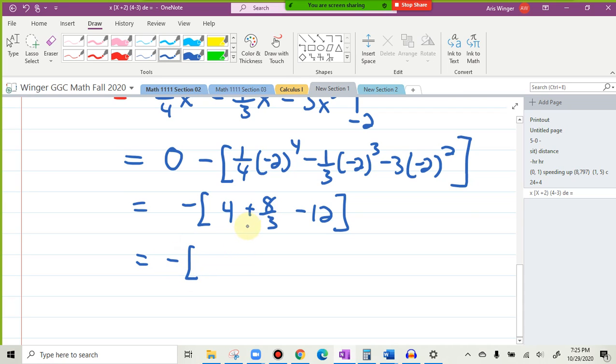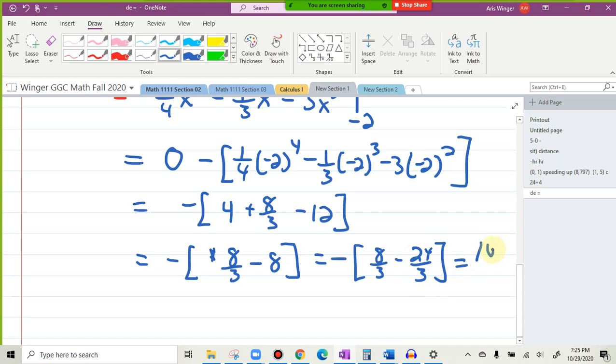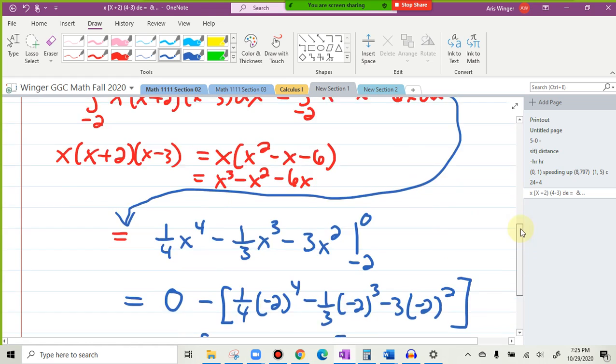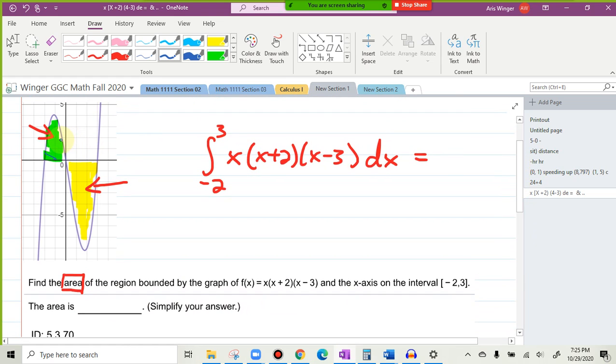Negative, and then if we put everything over 3, that's 8 over 3 minus 8, negative 8 over 3 minus 24 over 3, positive 16 over 3.